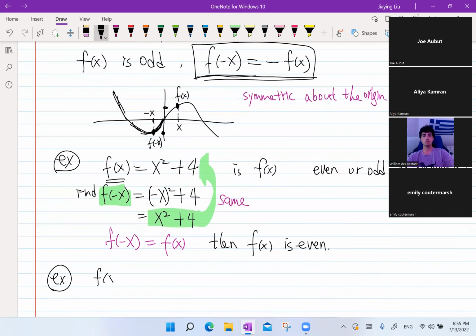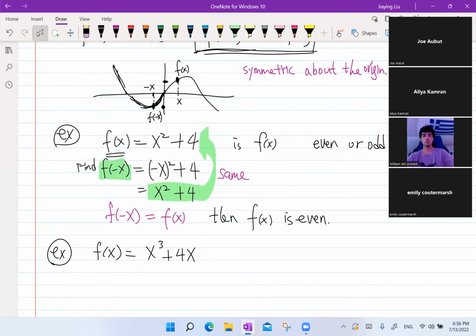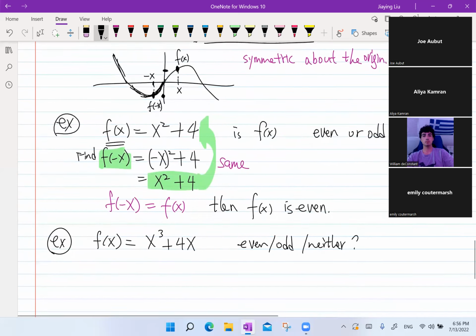What about f of x equals x cubed plus 4x? So f of x equals x cubed plus 4x. Is this function even or odd, or neither? We're going to do the same thing.